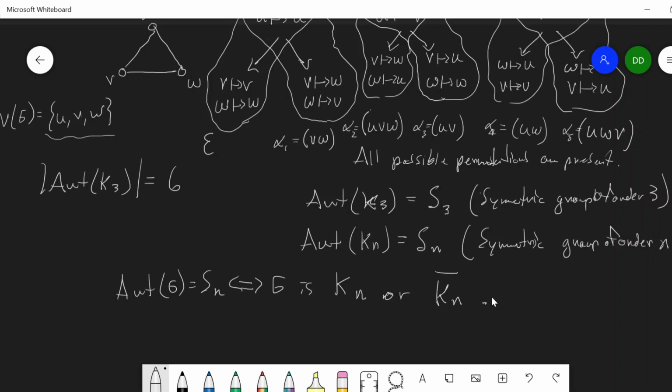So we can actually say a little bit more here: the complete graph, where any 2 vertices are adjacent, we don't have to worry about preserving adjacency because it's automatically preserved, or the empty graph, where again, we don't have to worry about adjacency or non-adjacency because any 2 vertices are non-adjacent. So both of these have the symmetric group as their automorphism group.